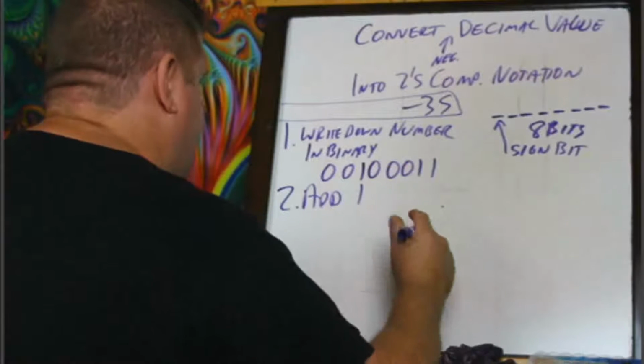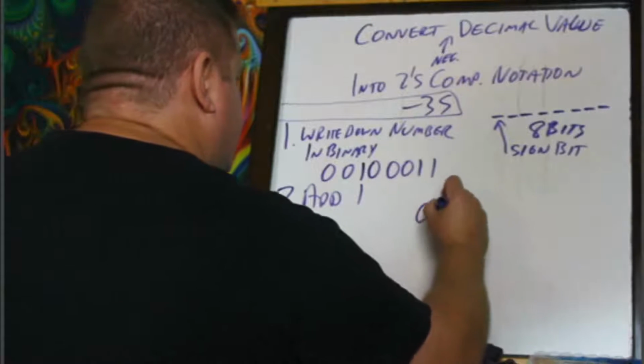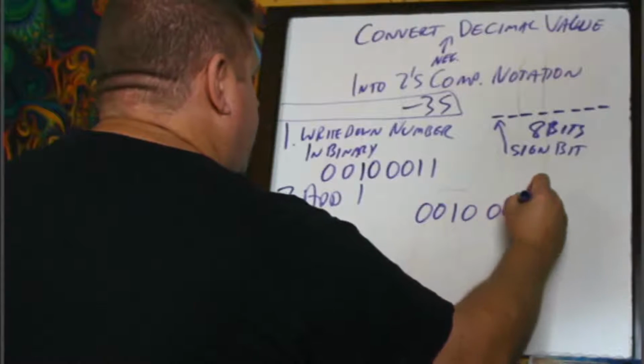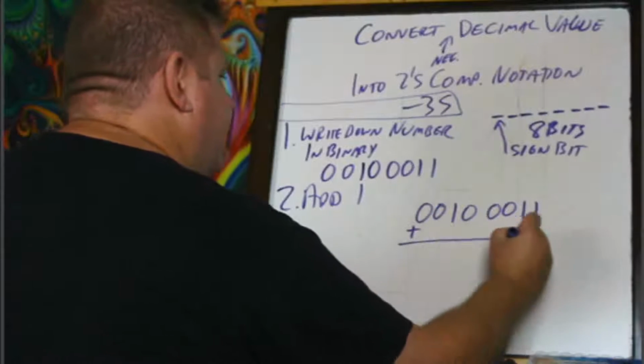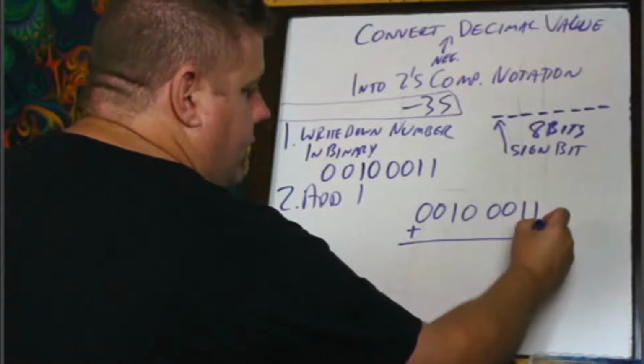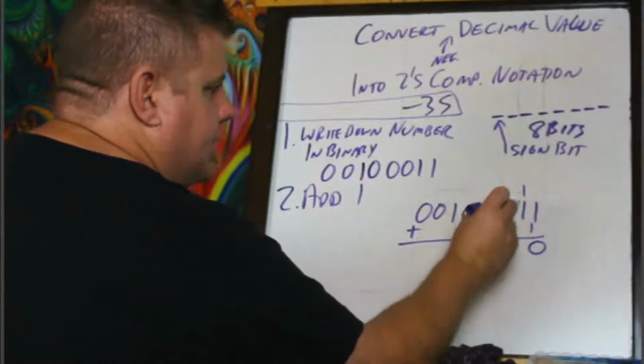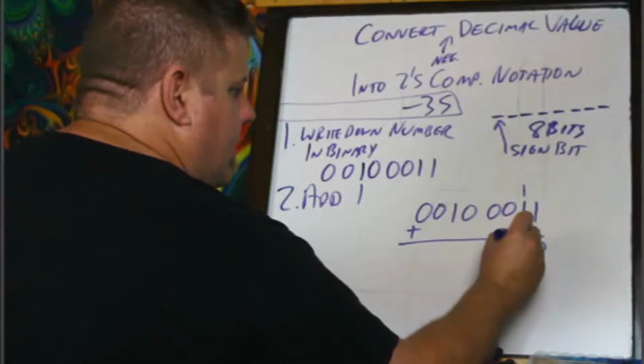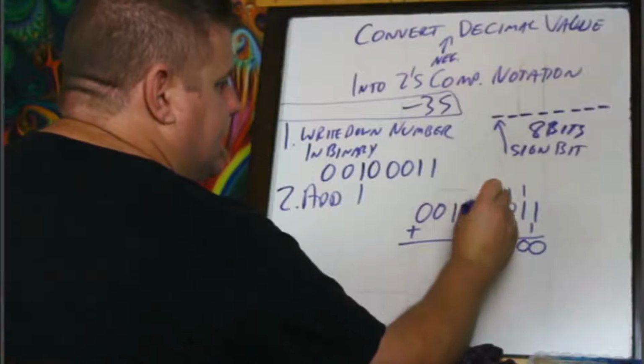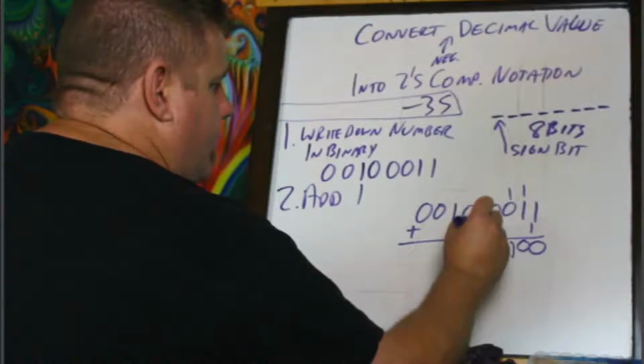So we take the number 0, 0, 1, 0, 0, 0, 1, 1, add 1. 1 plus 1 is 2, so that's 0, carry the 1. 1 plus 1 is 2, that's 0, carry the 1. 1 plus 0 is 1, and then the rest of these I just copy.